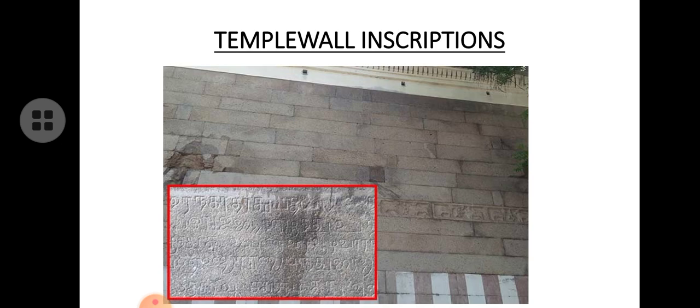Temple wall inscriptions are another type of inscription which comes under archaeological sources. Look at the picture in your display. You can see writings engraved on the walls. This picture is taken from Uthiramerur, a place in the southern part of Tamil Nadu, which has temple wall inscriptions.